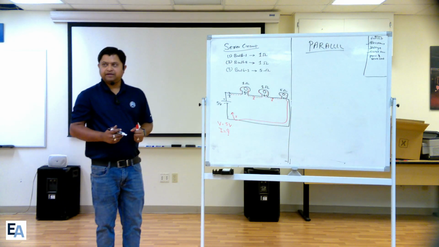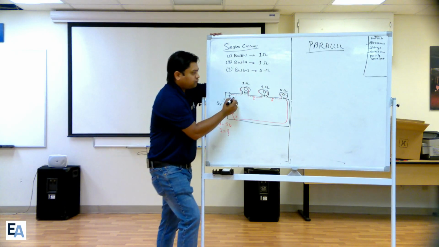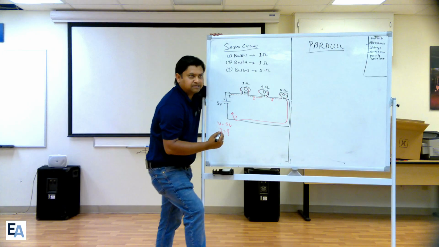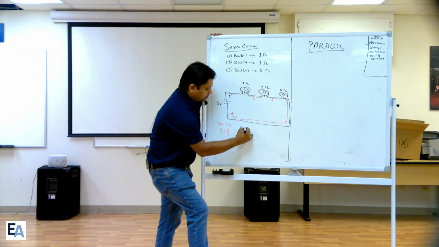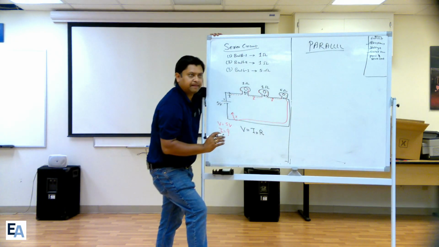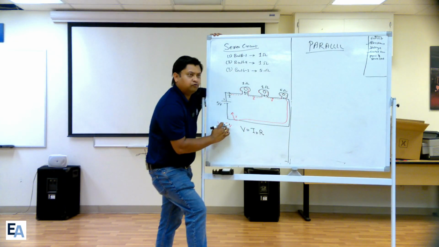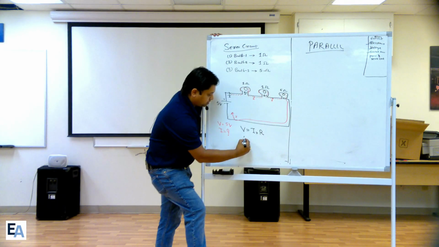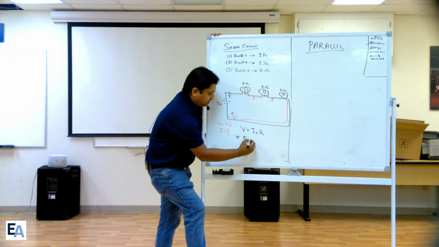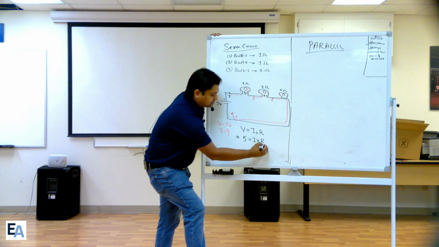So what is happening is, since the current is flowing in one direction, in order to utilize the equation, what was the equation? V equals I times R, correct? We know the voltage is 5 volts. That means I can write this equation as 5 equals, I don't know the current, but I know the resistance.